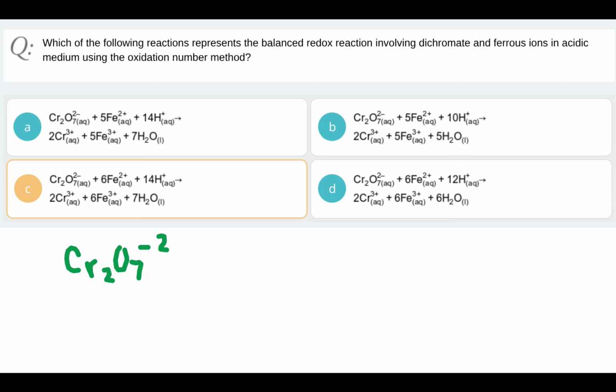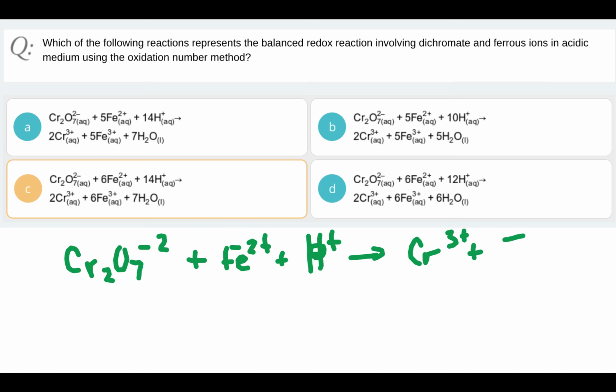And I actually think when I did this question, I just used the choices to come up with that general reaction, and then I balanced it. So we have plus Fe2 positive, and then we're moving on to hydrogens. And then on the product side, we have chromium 3 positive and the Fe3 ion and water.